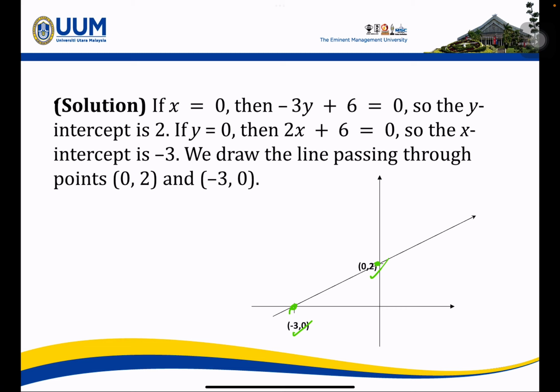Okay? And then label this one as x. This one we don't use y anymore. This one we use f(x). Okay? And label this one as f(x) equals, this one is not f(x).